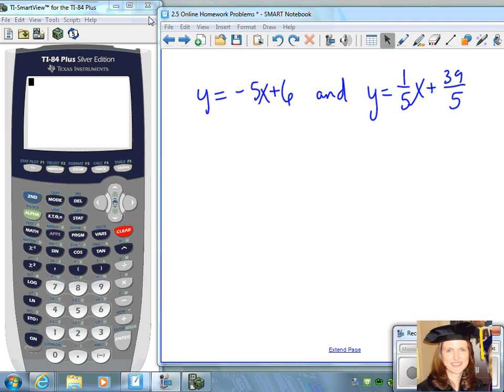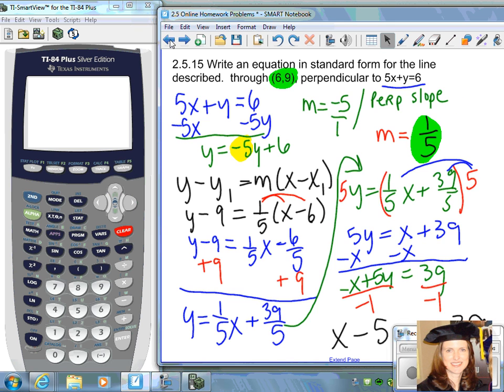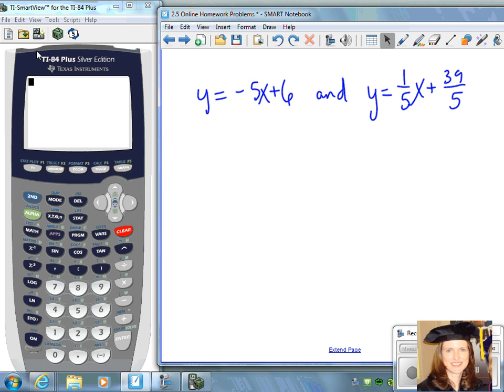These are the two answers from the previous problem. I'm taking the original equation, y equals negative 5x plus 6, and graphing the line that's perpendicular in y equals mx plus b form. We're going to sketch both of those on the graphing calculator.